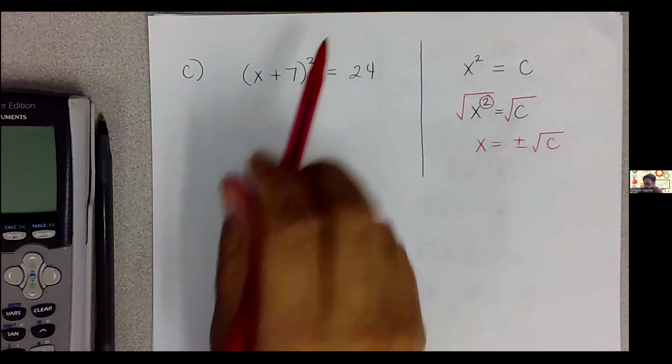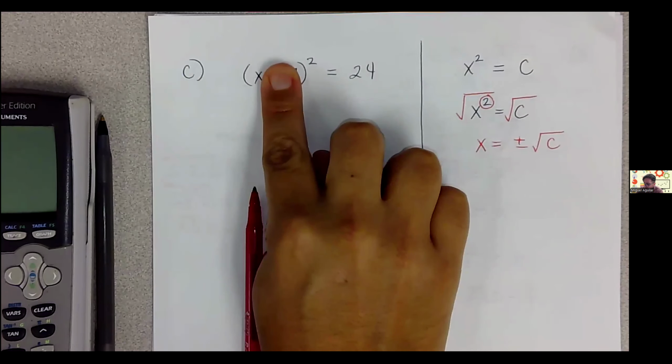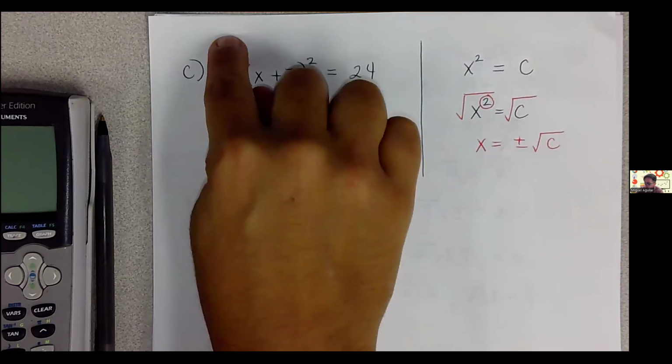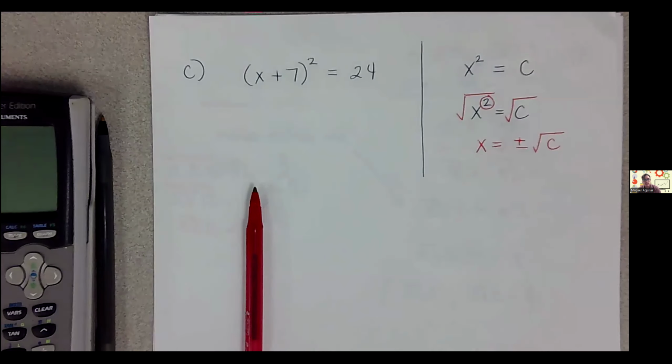So even though this doesn't look like just x squared, we can still take the square root of both sides of the equation.